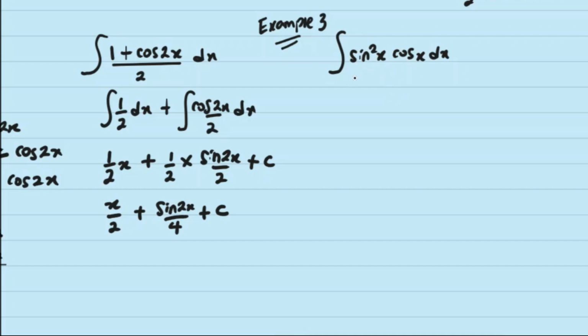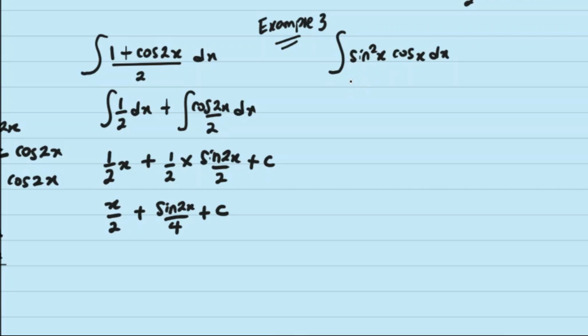You understand why we're doing that, because there's a derivative relation between sine x and cos x. When you differentiate sine x, you get cos x. When you differentiate cos x, you get minus sine x. So it makes it much easier for you to integrate by substitution.